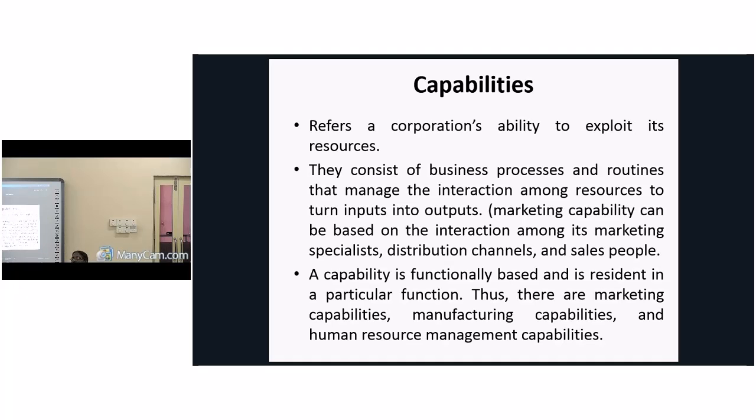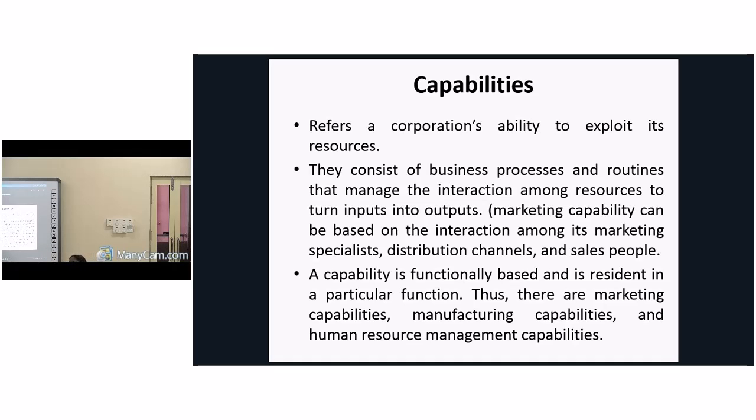Your company has a marketing capability: how to convert your marketing elements into the marketing output. So, you have different capabilities by way of turning your input into output. Basically, a corporation's ability to exploit its resources, that is the capability.